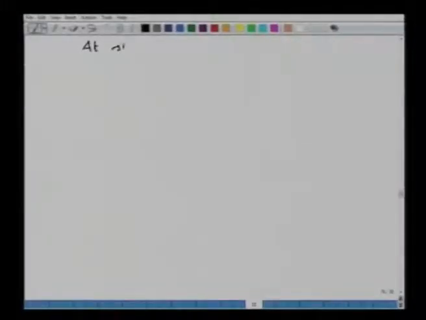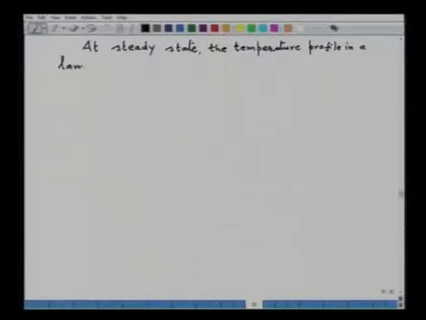So, now let us take one very simple problem. For example, at steady state, the temperature profile in a laminated system is shown below. This is just a problem for thinking. So, the profile is as follows.